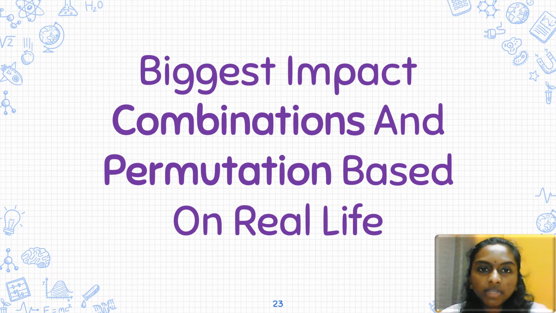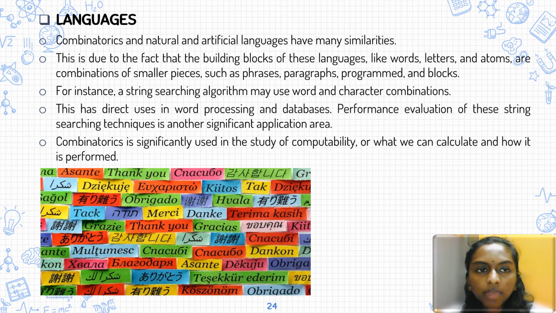Let's move on to the biggest impacts of combinations and permutations in real life. The first impact would be languages. Combinatorics and natural and artificial languages have many similarities. This is due to the fact that the building blocks of the languages, like words, letters, and atoms, are combinations of smaller pieces such as phrases, paragraphs, programs, and blocks.